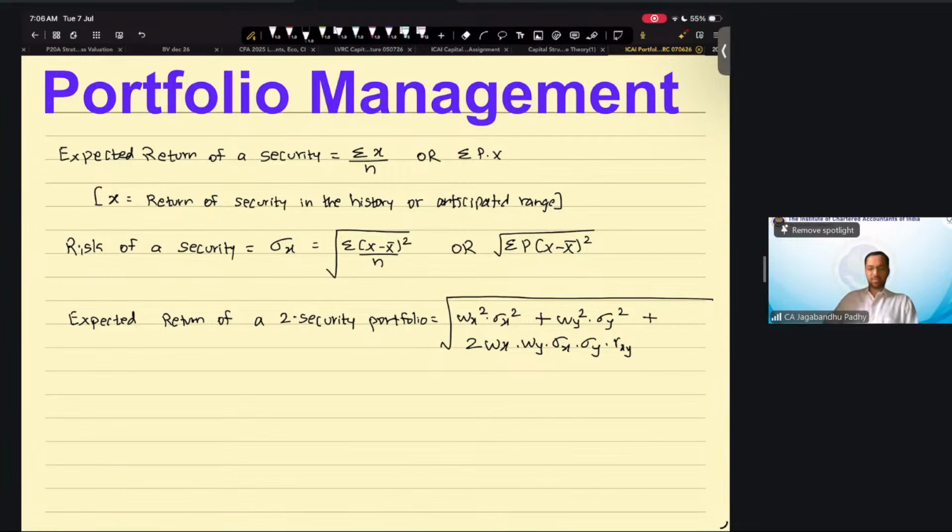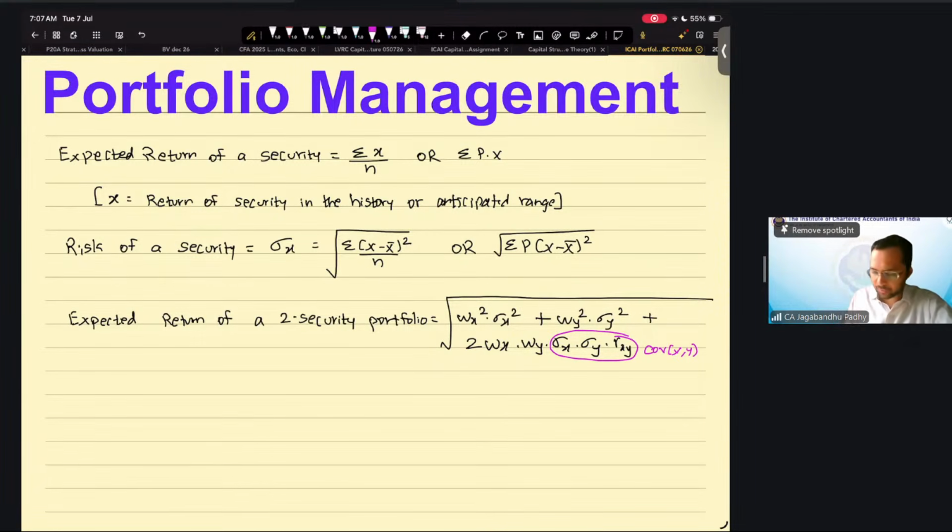Okay, so that's your risk of a two security portfolio. We can also combine these three terms and say that this is same as the covariance between x and y.